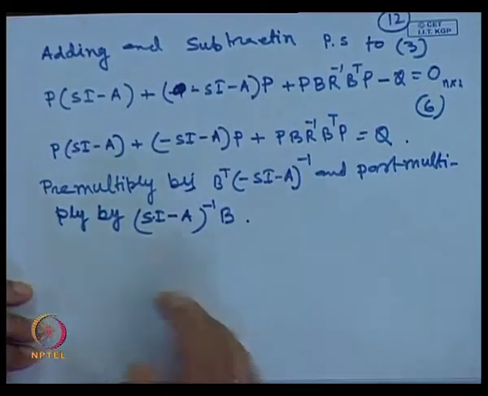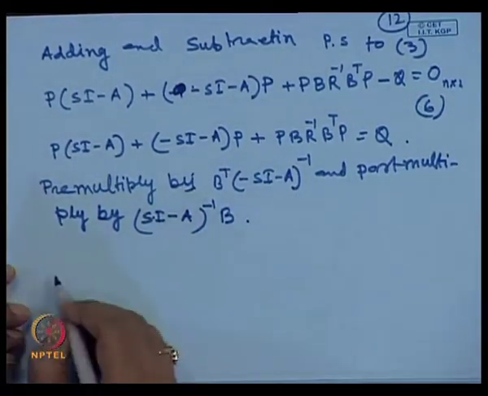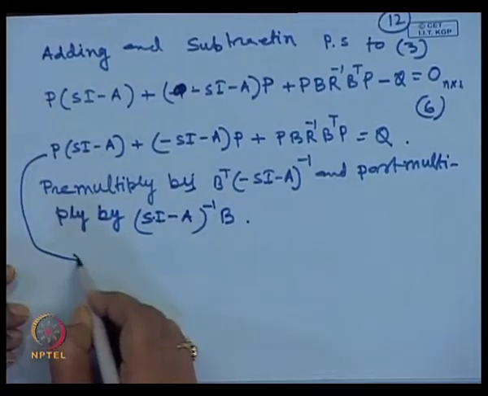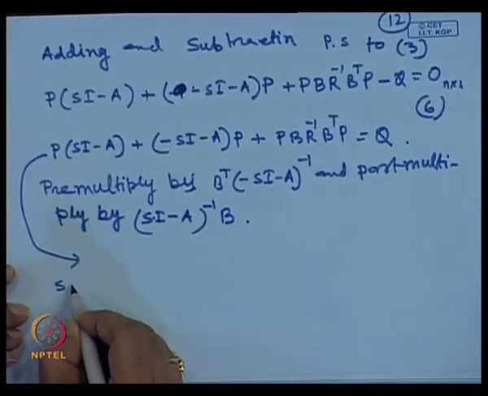If you pre-multiply and post-multiply by that one, then what will this come to?